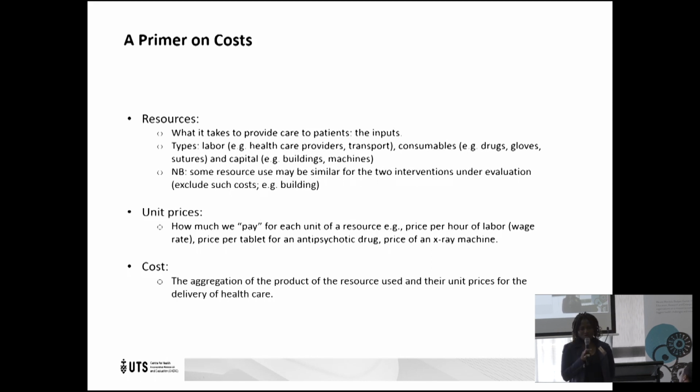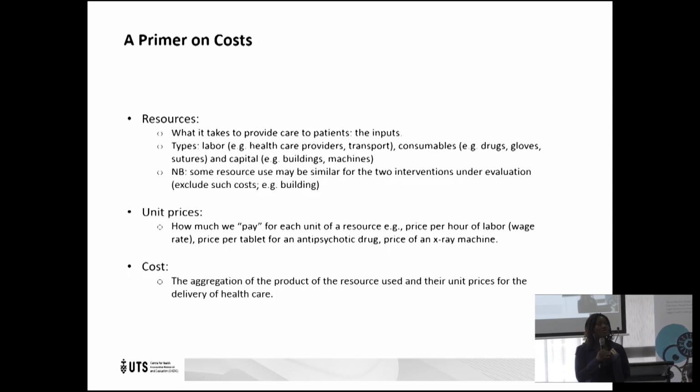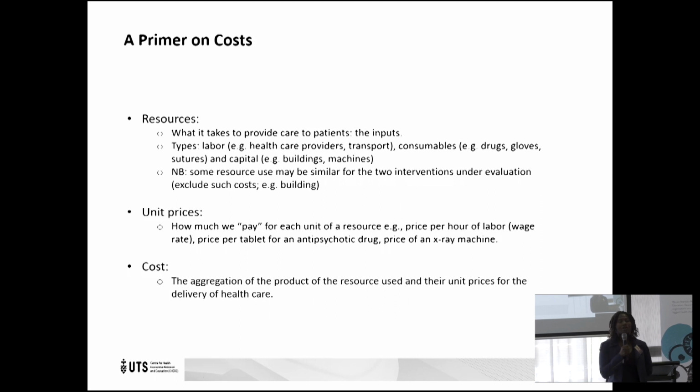If you are comparing two interventions, say for radiation, two different types, or a single fraction compared to multiple ones, they are going to use the same space. So in considering resource use, you have to think of resources that are similar between these two interventions. If it's the same, then you are not going to consider it because it's not an additional thing. Other things that we look at in addition to labor are consumables.